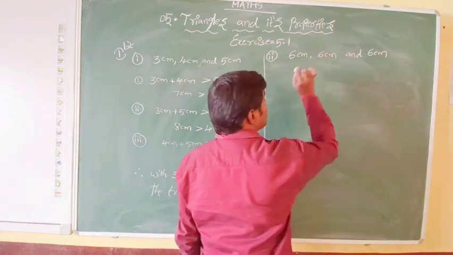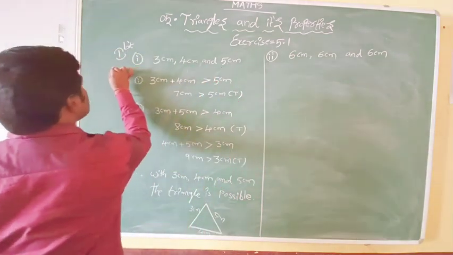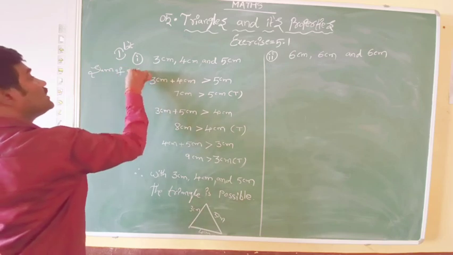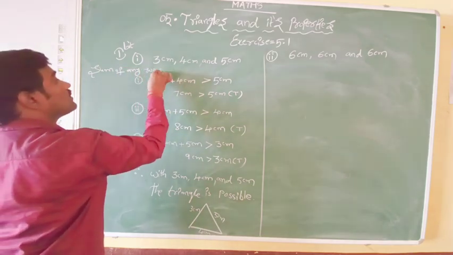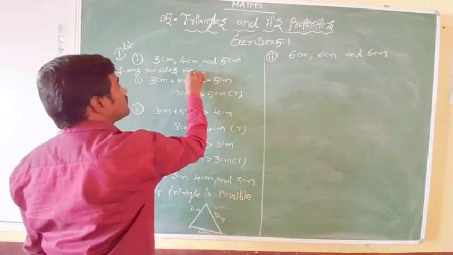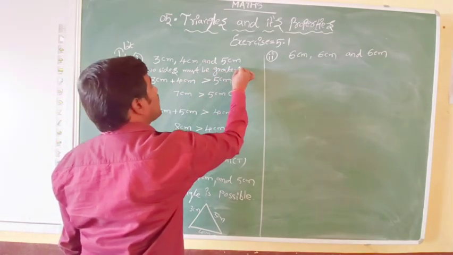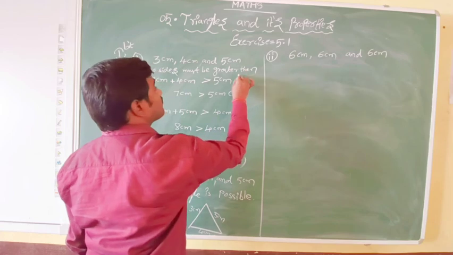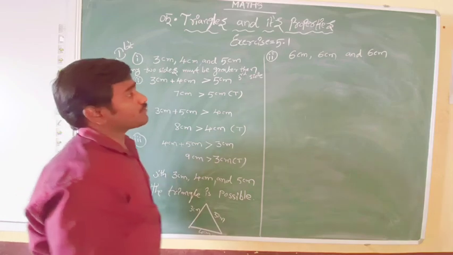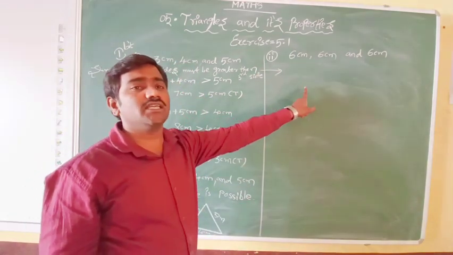The sum of any two sides should be greater than the third side. Here also you can write: the sum of any two sides must be greater than the third side.